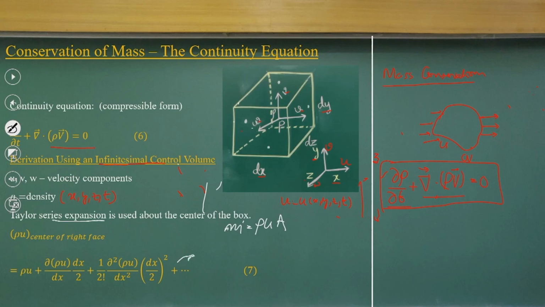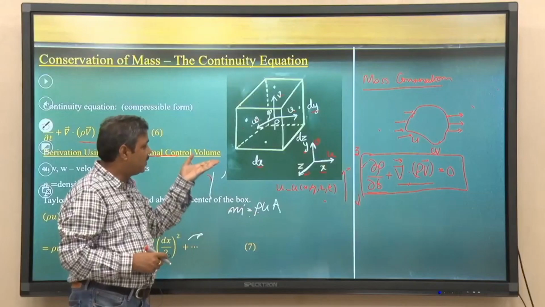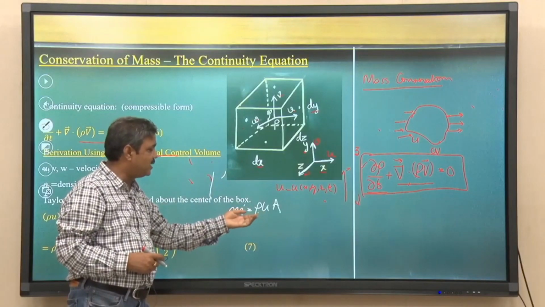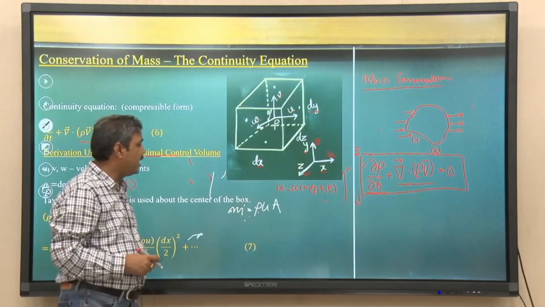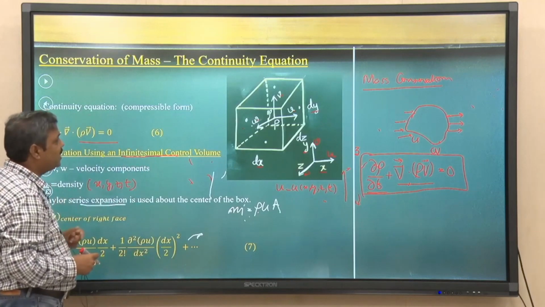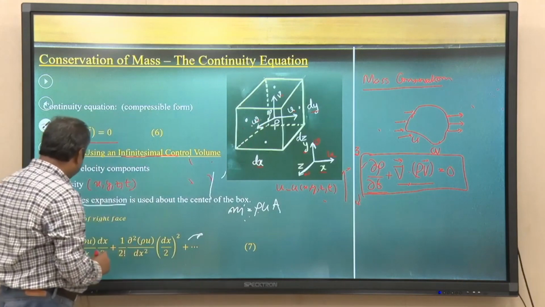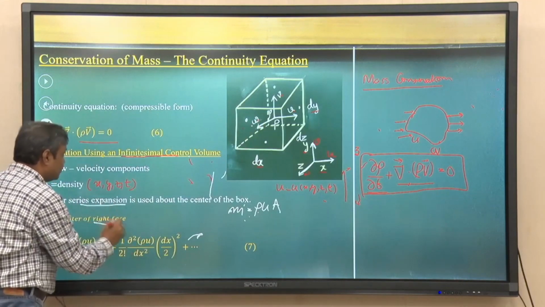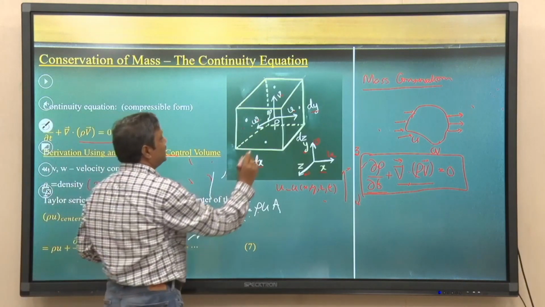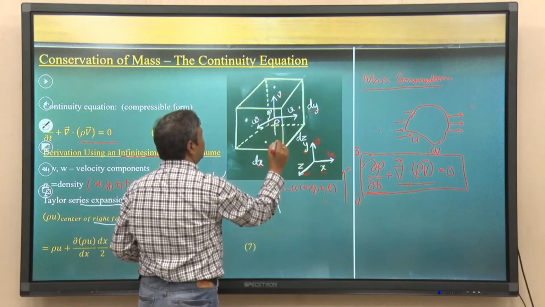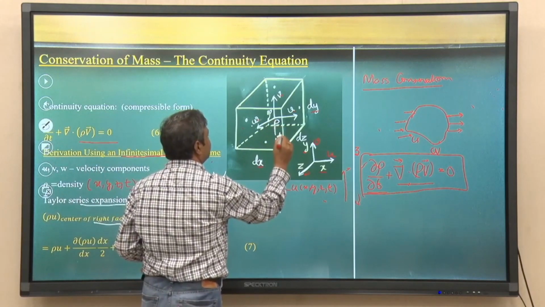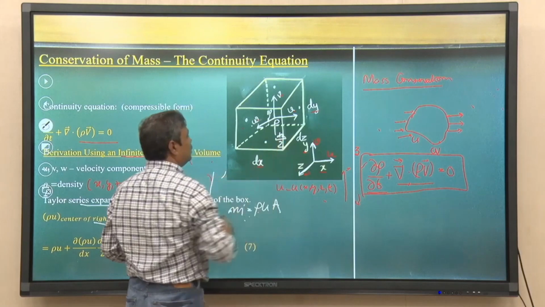That is what the mass flux is. If I look in the x direction, then the rho u value will come. So, what will be the rho u value at the right face, which is dx by 2 distance apart from the center?